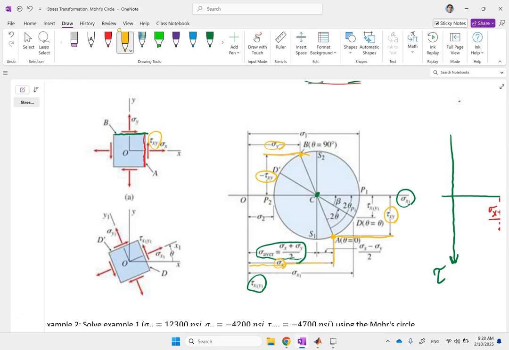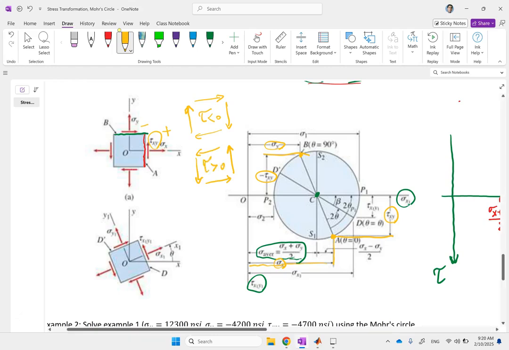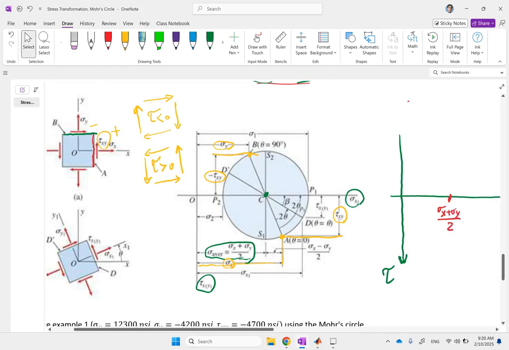So counterclockwise taus are positive, clockwise taus are negative. This kind of tau is negative, and this kind of tau is positive. So point B is there, point A is there.